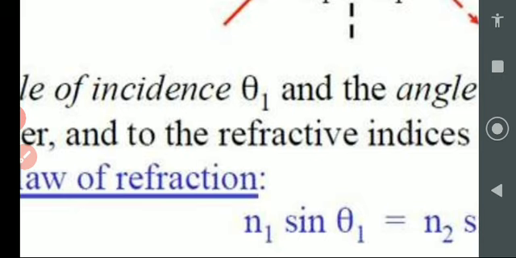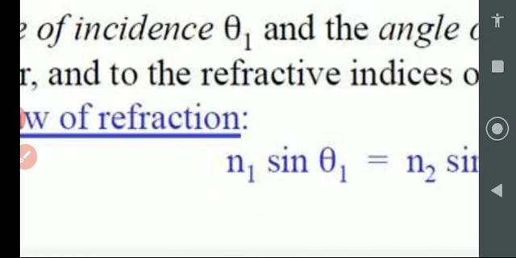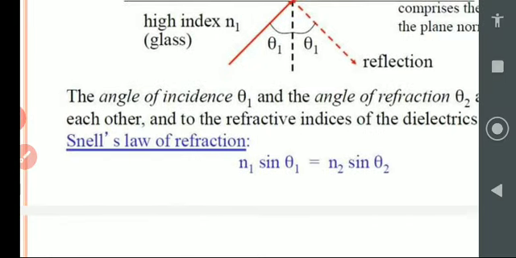But the law of refraction, which decides how much of the light is refracted into the cladding portion, is decided by the formula n1 sin theta 1 equals n2 sin theta 2. From this law we can decide the value of the angle of incidence.